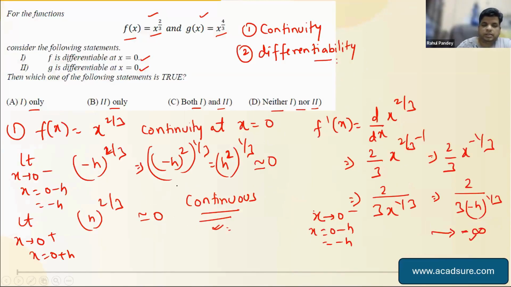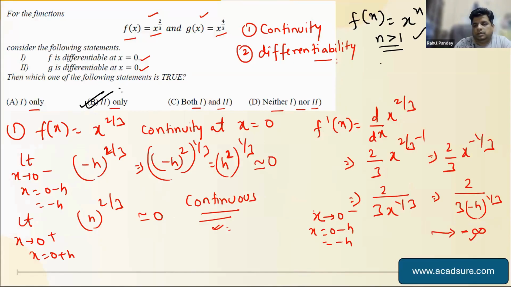So the answer would be: 2 is correct. By a general rule of thumb, for a function x^n, if n is more than 1, it will be differentiable at x = 0. If it is less than 1, it will not be differentiable. Okay, thank you.